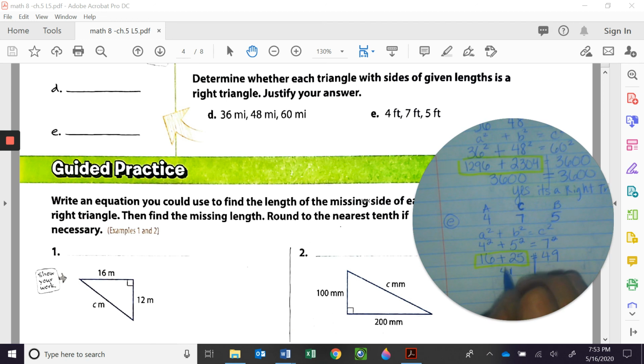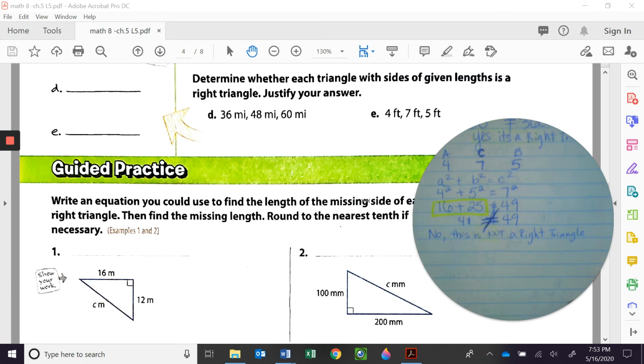So we get 41. Does 41 equal 49? No, it does not. So no, this is not a right triangle. Okay? Use your formula, use your calculator.